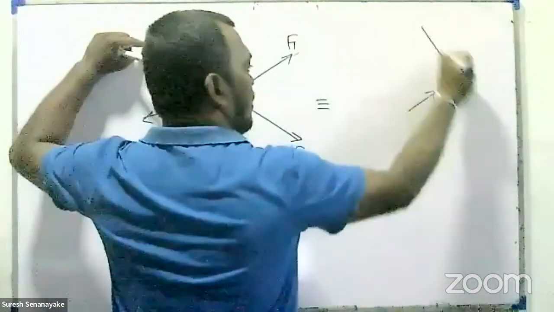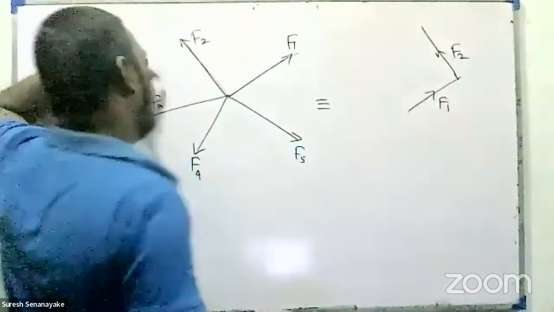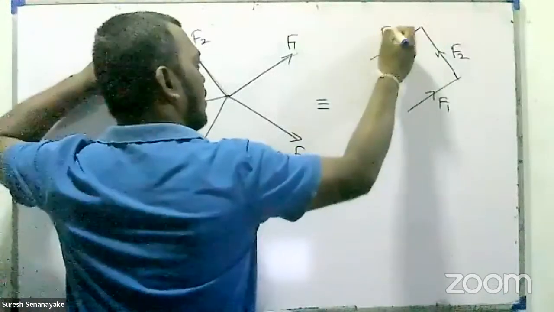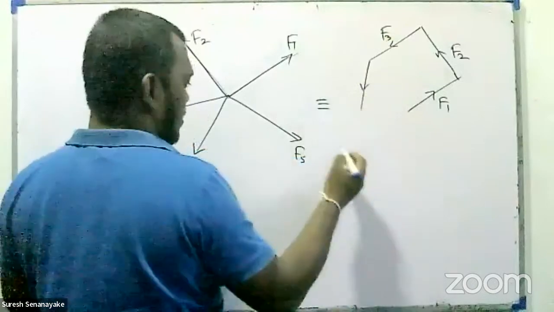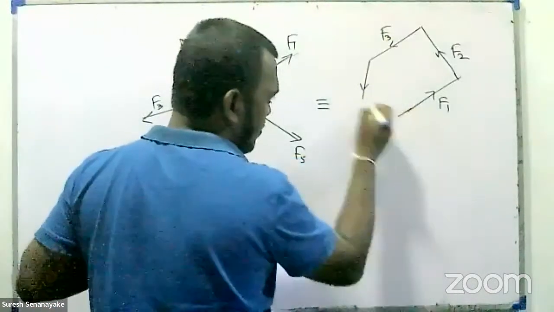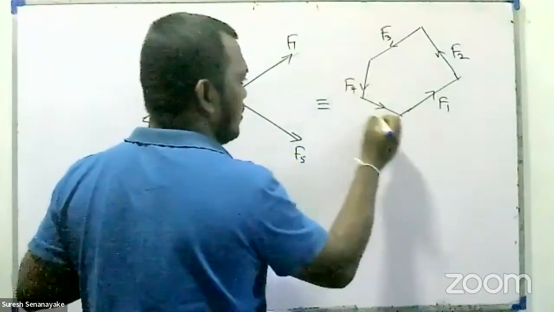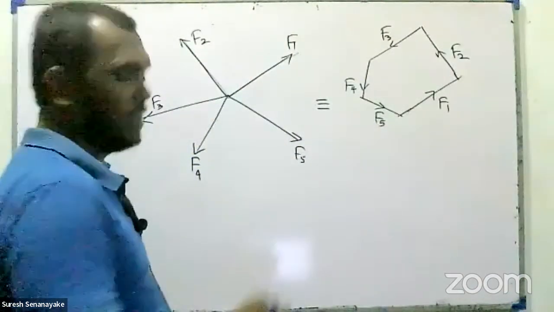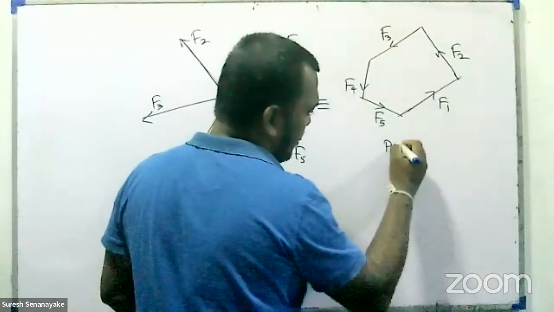I will take 3, 4 and 5. With the closed polygon, you can represent all these forces. So then it is in equilibrium. We call it the polygon of forces.